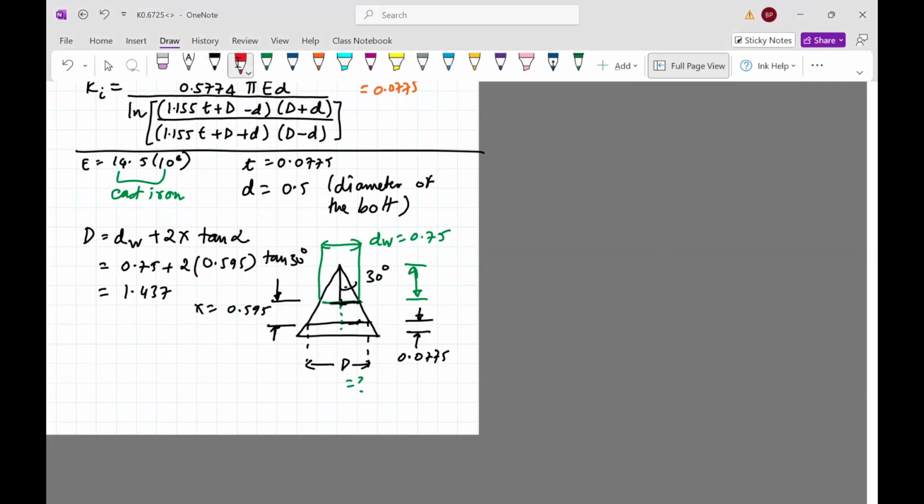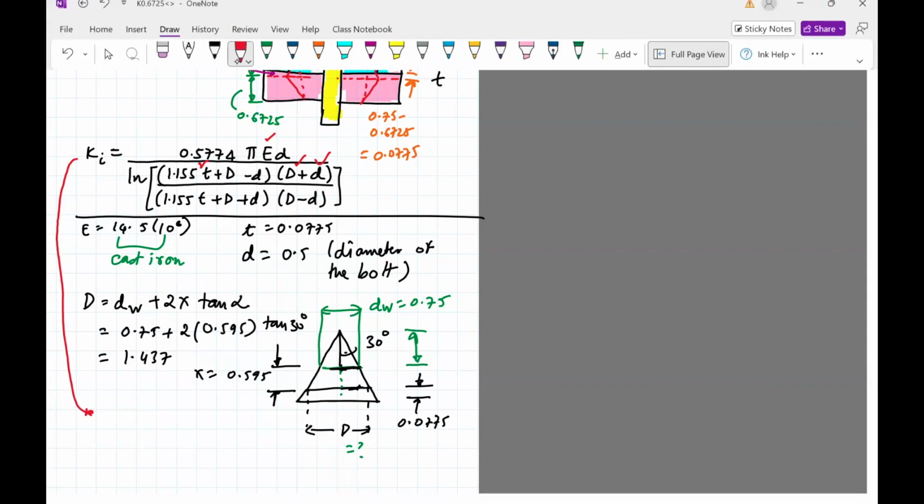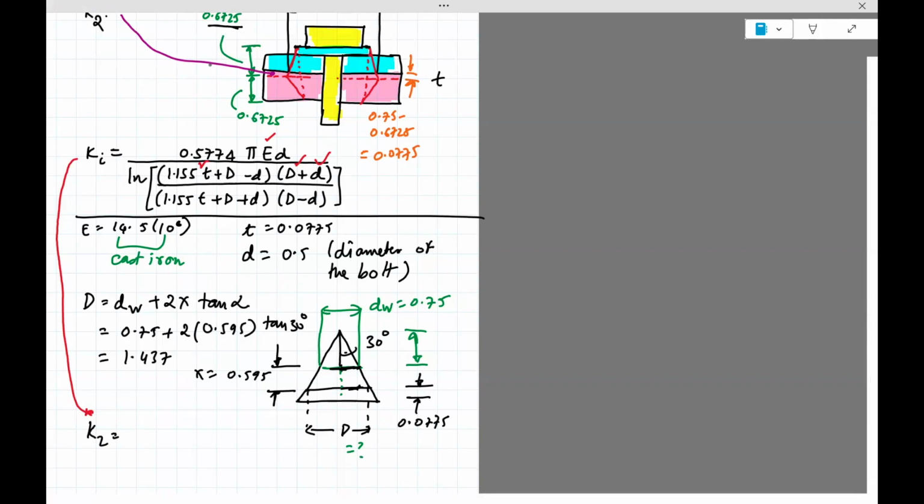So again, in the formula over here, E is known, uppercase D, lowercase d is known, thickness is known. So we just have to now solve for K2. It comes out to be 285.5 times 10 raised to 6 lbf per inch.